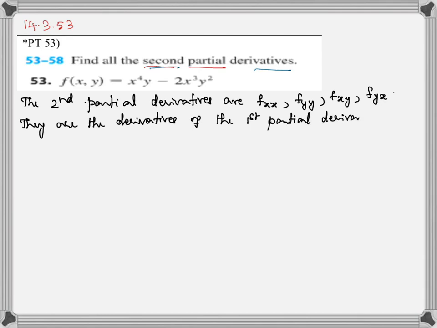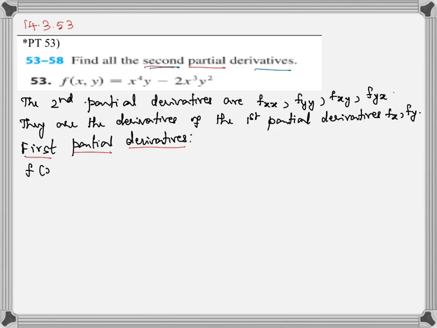So first we are going to compute the first partial derivatives, which are f sub x and f sub y. For f_x, you are going to keep y as constant. f(x,y) is x^4 y - 2x^3 y^2.